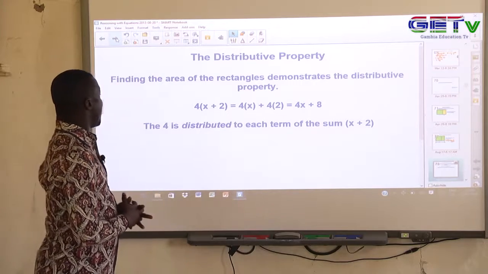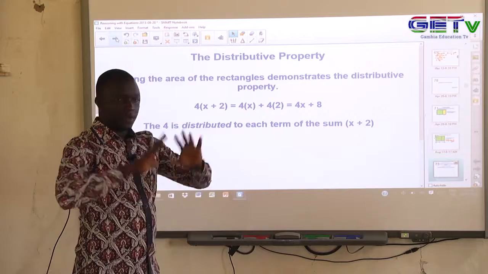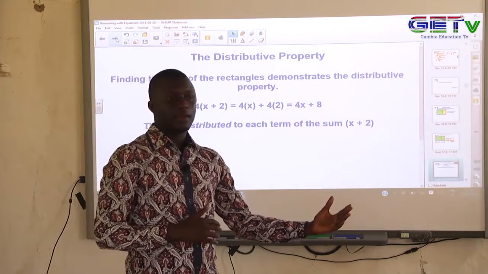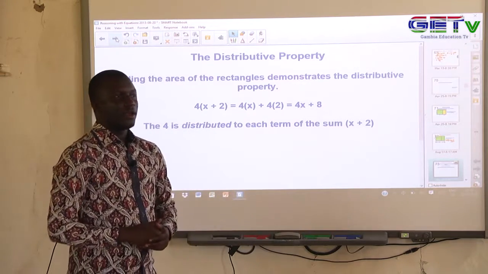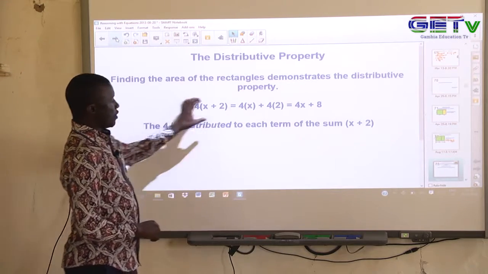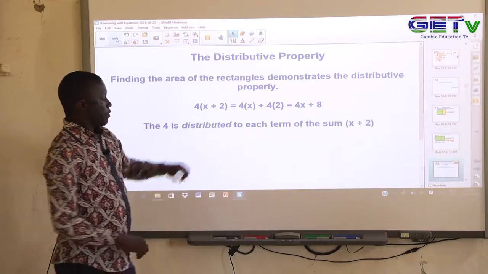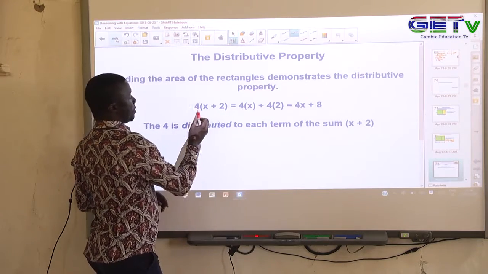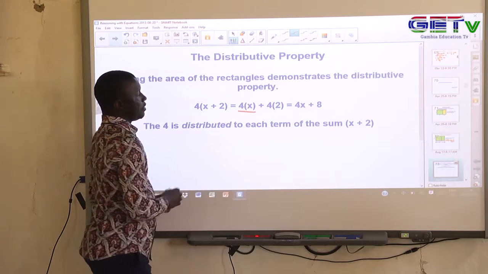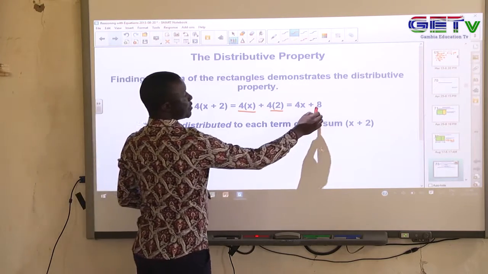Now, finding the area of a rectangle demonstrates the distributive property because we multiply what is given as our length with what is given as our width. This is what we did in the previous slide. 4 times x plus 2, distributing 4, multiplying 4 by x, and multiplying 4 by 2 here gives us 4x plus 8.